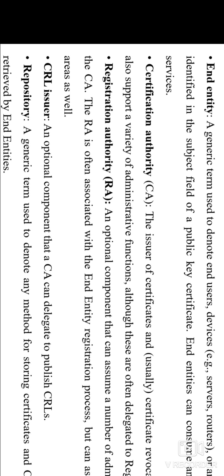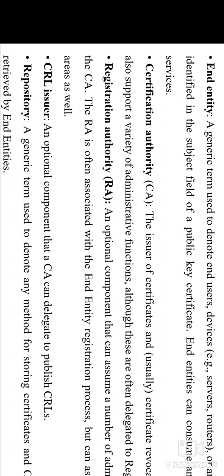Then CRL issuer, again it is also an optional component. The CRL issuer issues CRLs, it publishes CRLs. So this CRL issuer is assigned by CA. So CA only assigns a particular person as a CRL issuer. So it is also not a mandatory one, it is again an optional component.